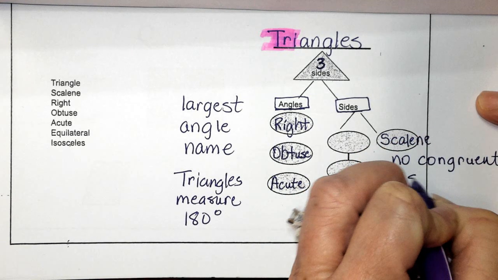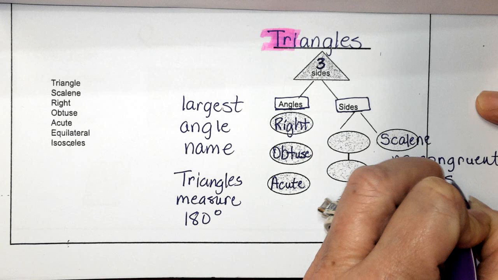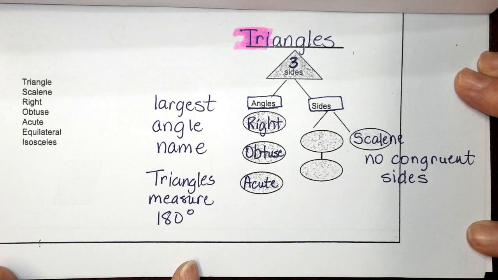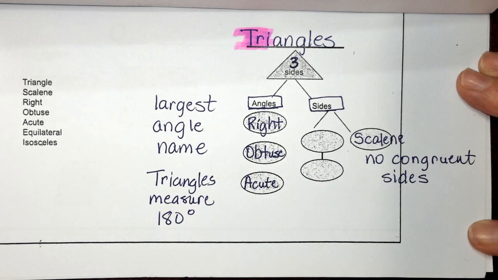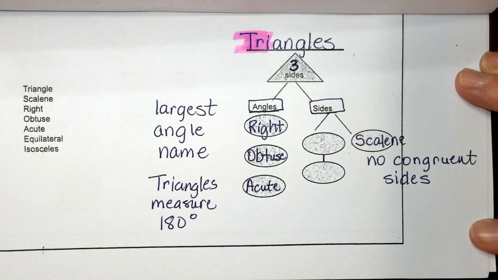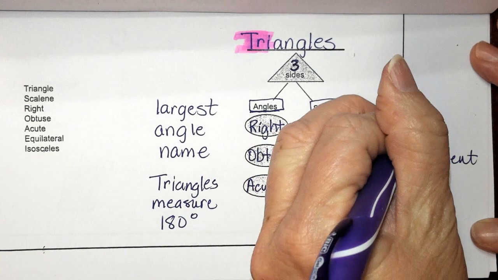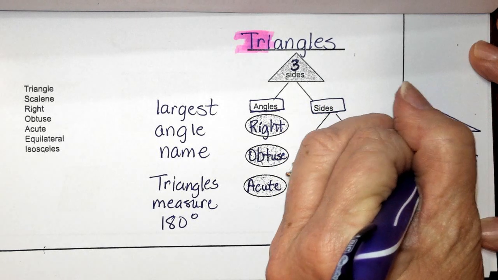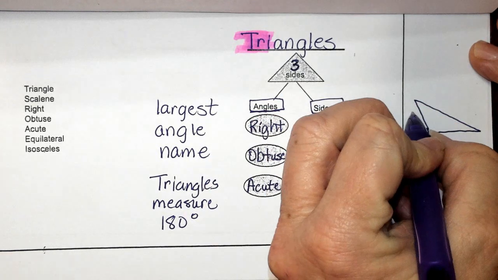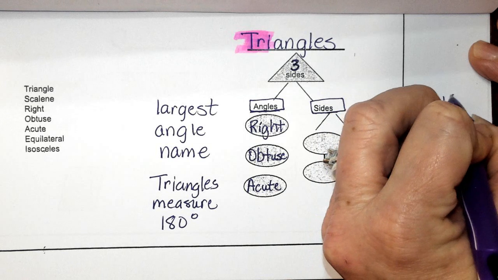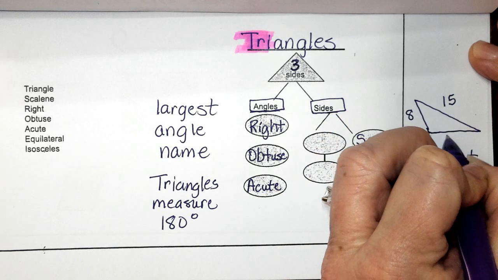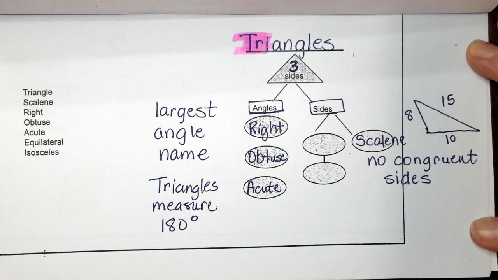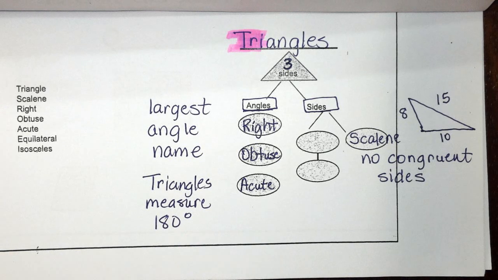Every side of our triangle is going to measure something different. So if I were to sketch something quickly, this might be 8, this might be 15, and this measurement down here might be 10. None of those sides are measuring the same distance.